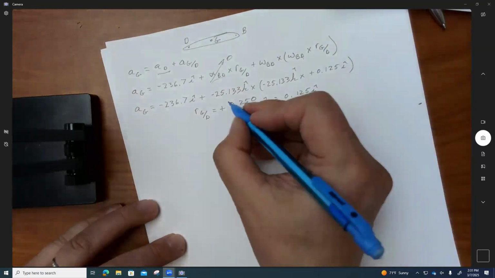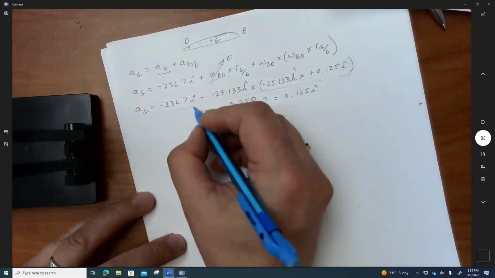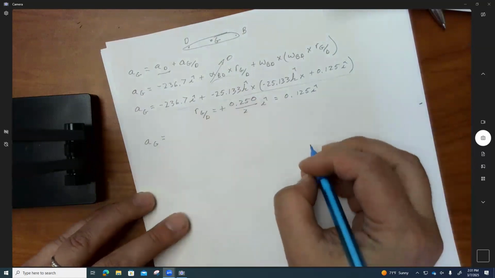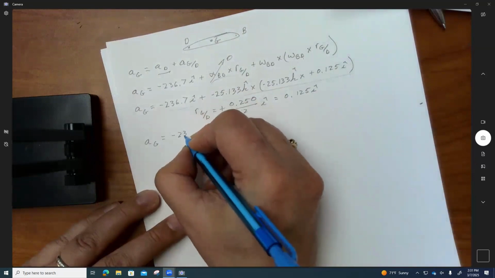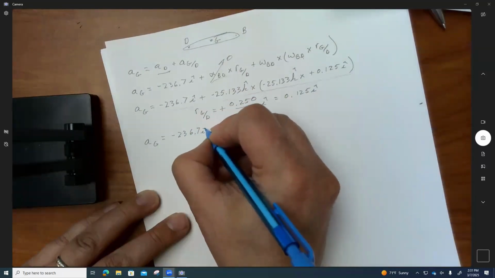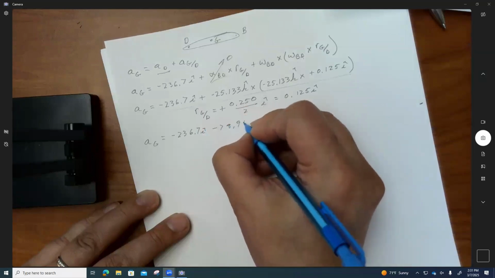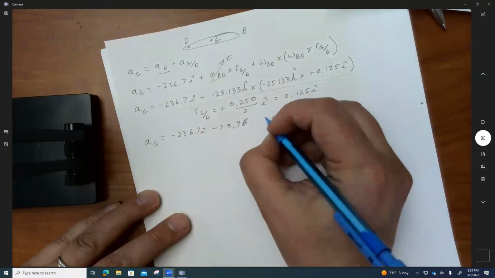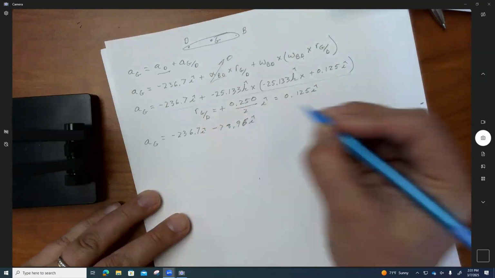And then we just have to work these cross products, and we will get an answer for the acceleration of the center of mass of the rod equal to a minus 236.7 i and a minus 78.95, or 6, rounded off a little bit, and that's also going to be in the i direction.